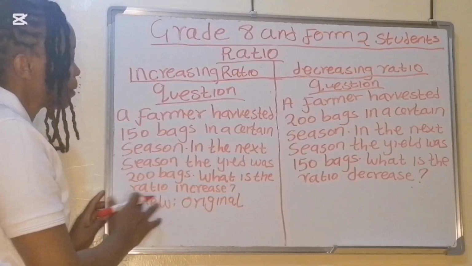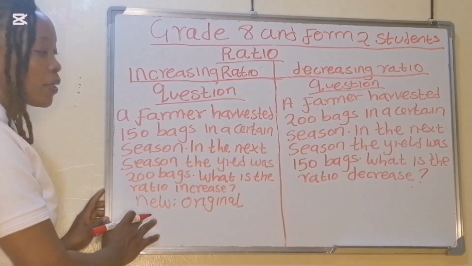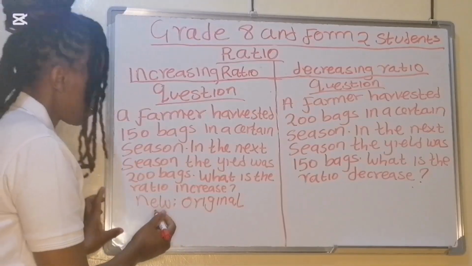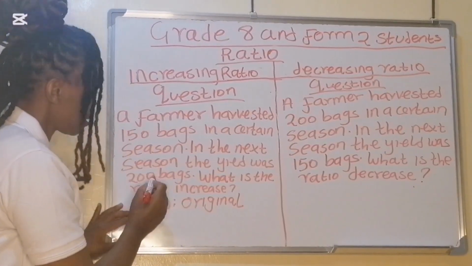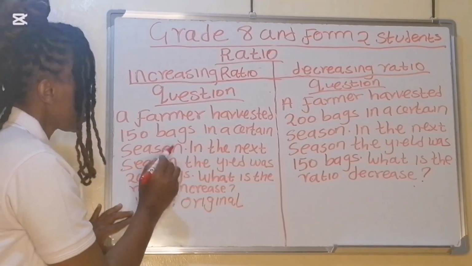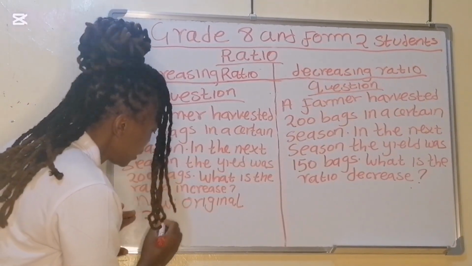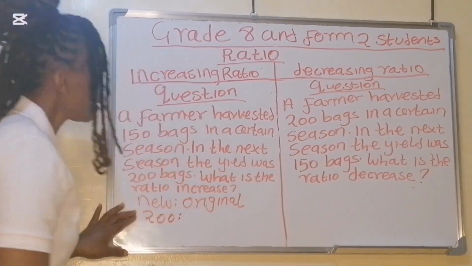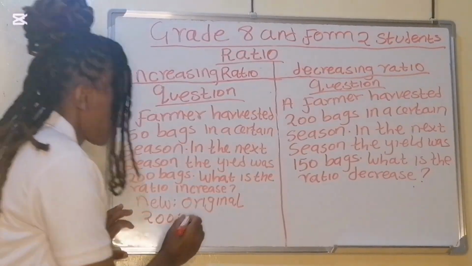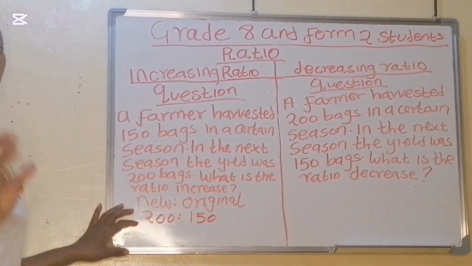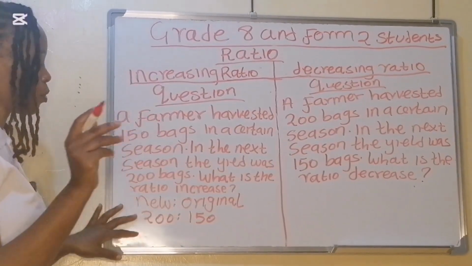Here you can agree with me, the new: in the next season, the yield was 200 bags. So the new is 200. Original, what is the original? It is 150. So our ratio is 200 is to 150.